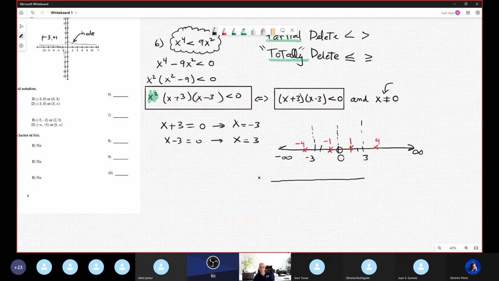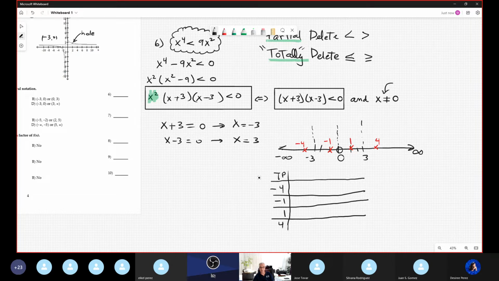Doing the table, highlight. In the first column, the testing points: -4, -1, +1, and +4. In the other column, we put the factors, x plus 3 and x minus 3, and not 0, because I know that at 0 we have a hole.